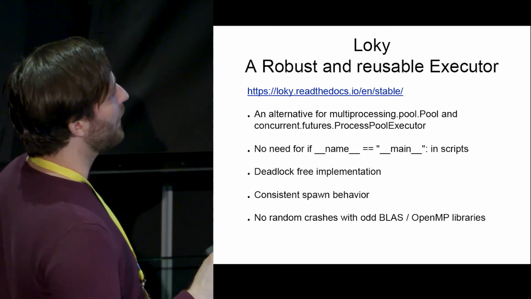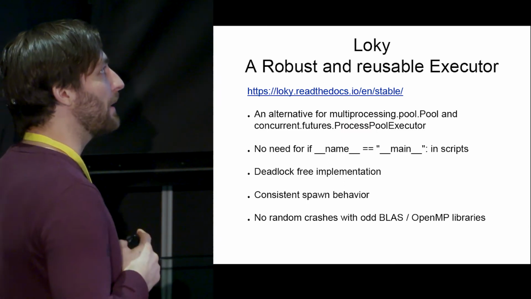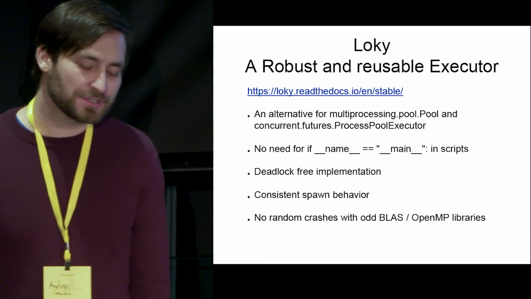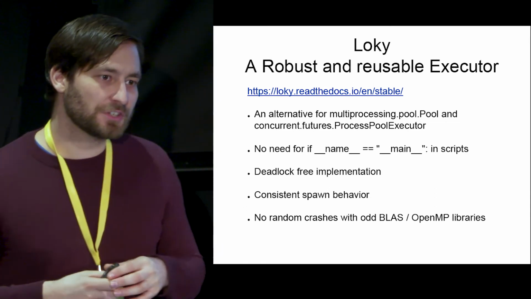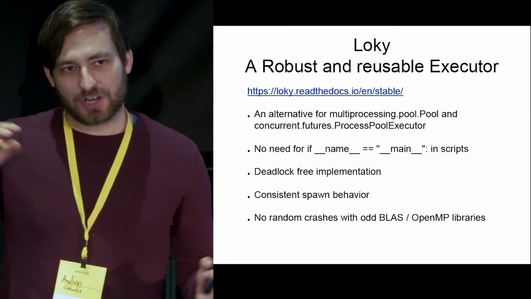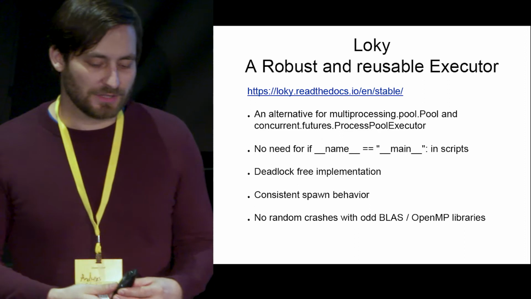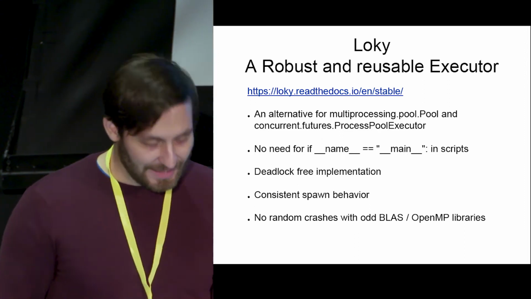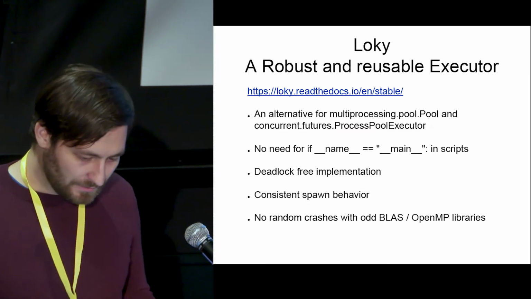And if you have libraries using OpenMP, like Keras or TensorFlow or XGBoost, they use OpenMP for parallelization. If you put this inside a scikit-learn grid search and say n_jobs equal to 5 to do a grid search in parallel, before this would crash, now it runs. And so that's pretty nice.